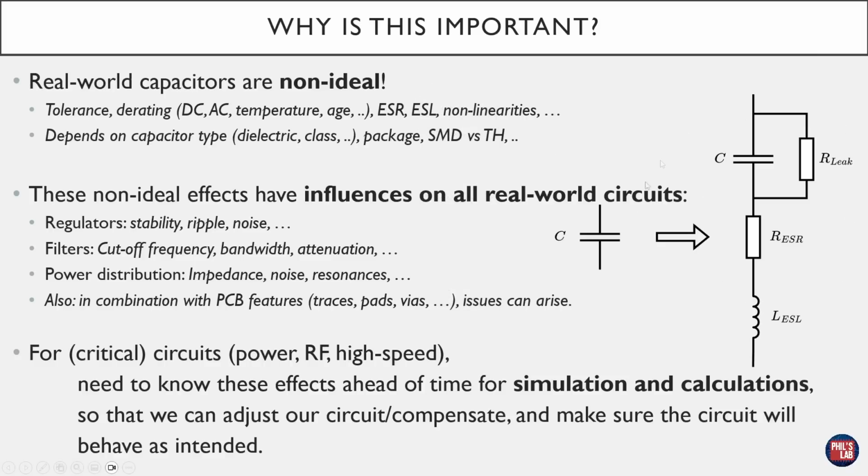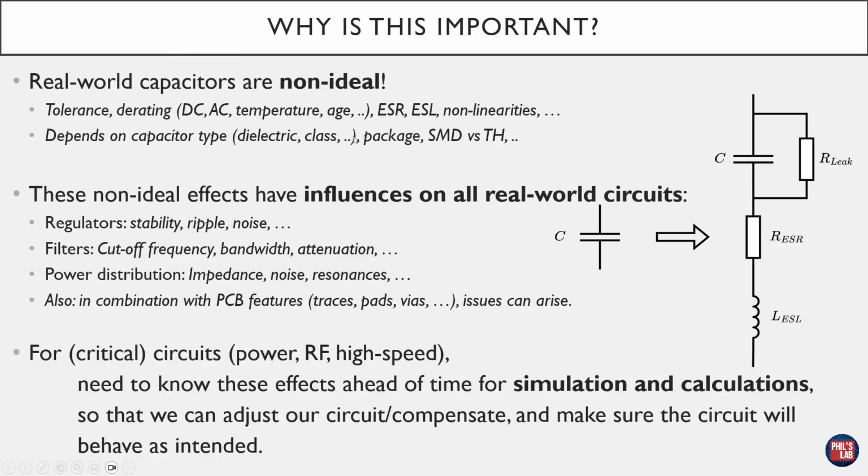And we'll get to the model later on, but you can really see a hint of that on the right-hand circuit equivalent. There are other non-linearities, for instance that the ESR isn't just a single fixed value, that there are other non-linear effects, and all of these non-idealities also depend on the capacitor type. Depends on what type of dielectric, what class, the package size, if it's SMD versus through-hole, and so on.